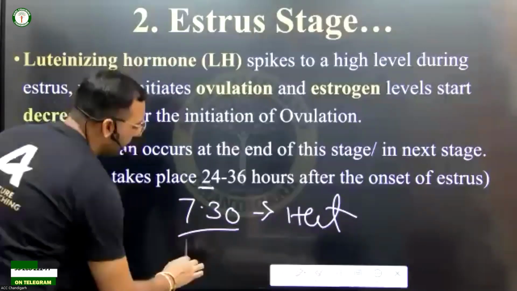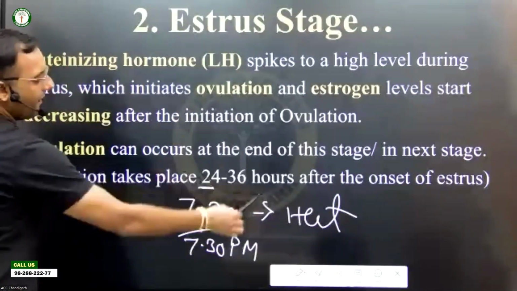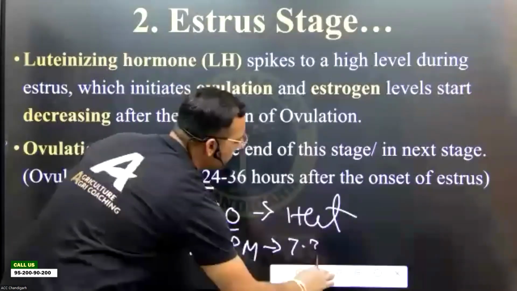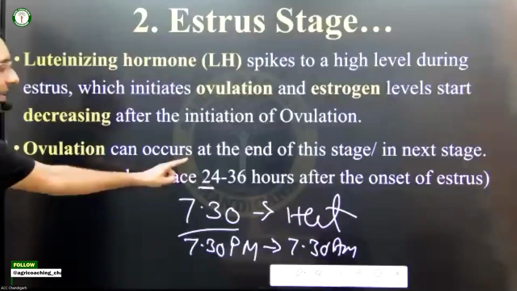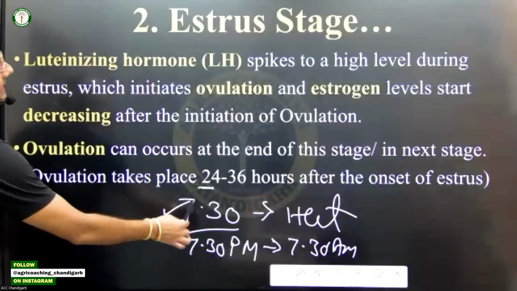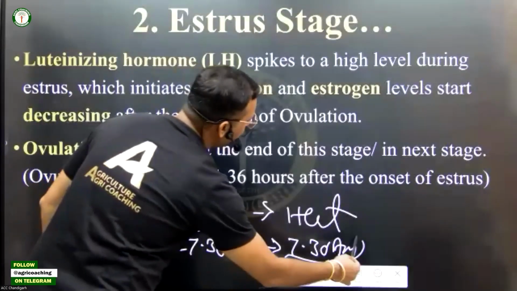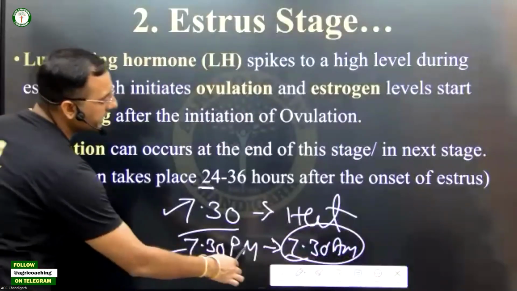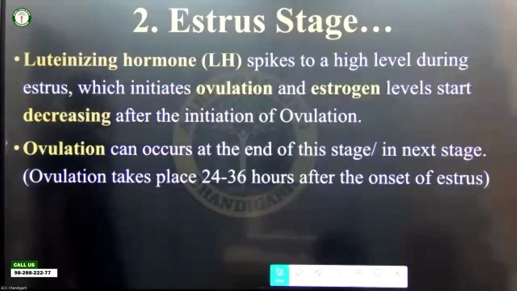So after 24 hours, again it will be 7:30 p.m. tomorrow, and after 36 hours it will be 7:30 a.m. the day after tomorrow, right? So this heat period, which starts at 7:30, will be over at 7:30. And if ovulation is occurring at 7:30 a.m., that means on an average, ovulation is occurring after 12 hours of the end of estrus.